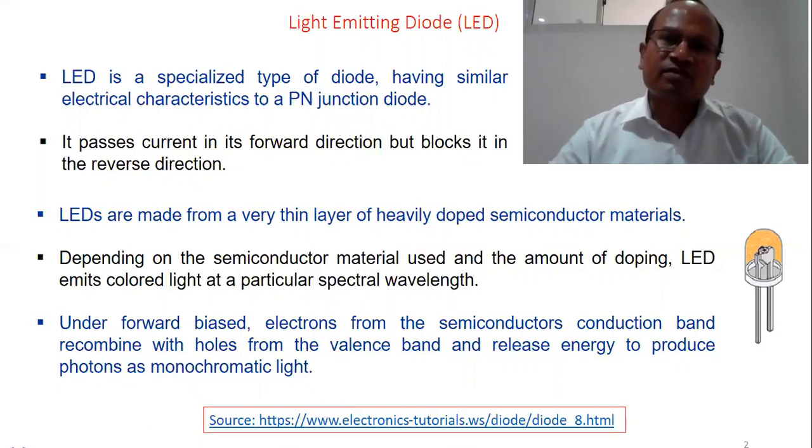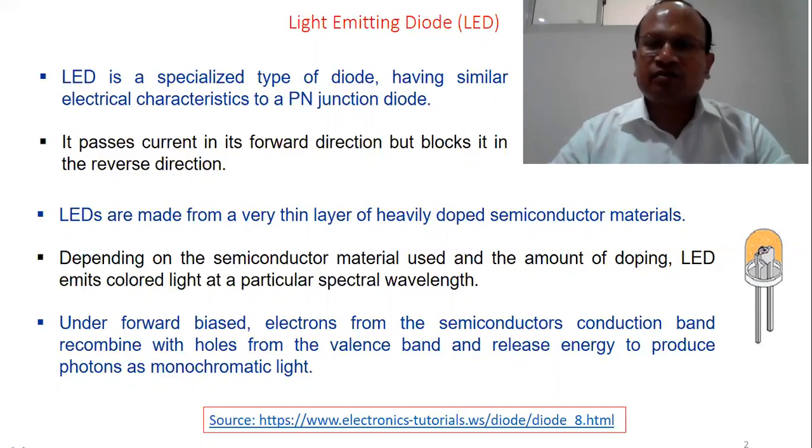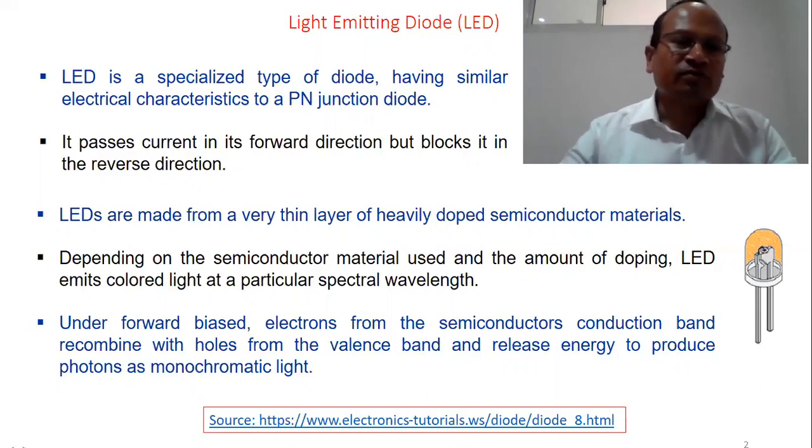A particular color means a particular wavelength, because we know that the color of light depends on wavelength. So a certain wavelength is generated, and we see a particular color emitted by the LED.